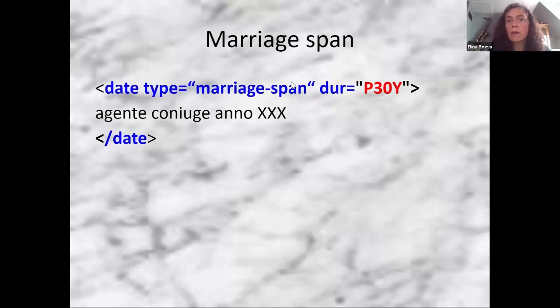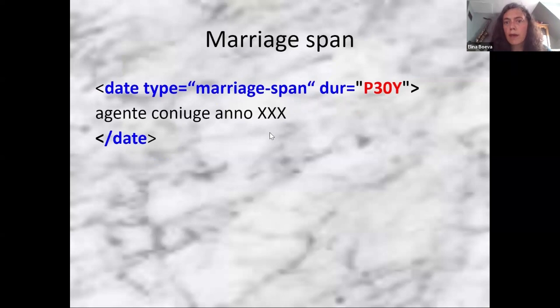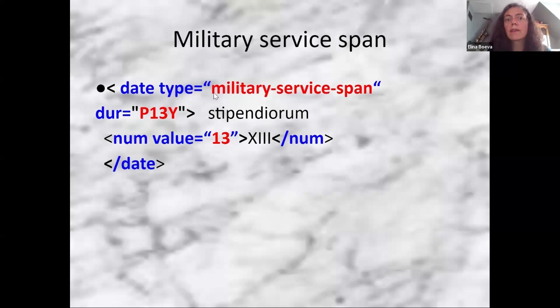They are encoded with the date element with different attribute type and different attribute values. For instance, this is marriage span, the previous was lifespan, and when you have military service, it would be called, obviously, military service span.